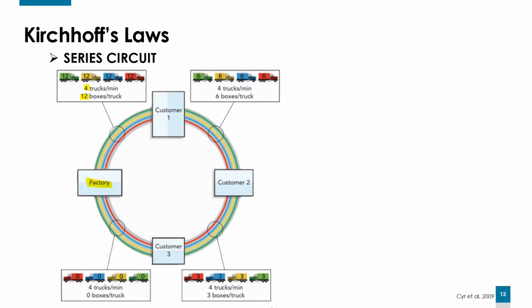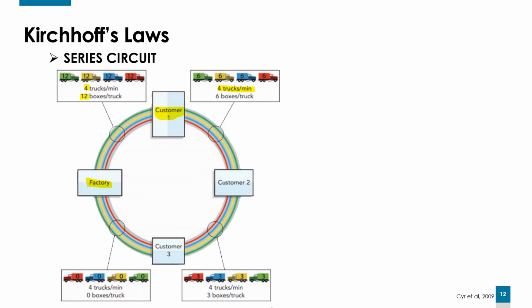When it goes to customer 1, each truck delivers 6 boxes. So they start with 12, and after they pass customer 1, each truck has delivered 6 boxes. I still have 4 trucks per minute, but now with fewer boxes inside.